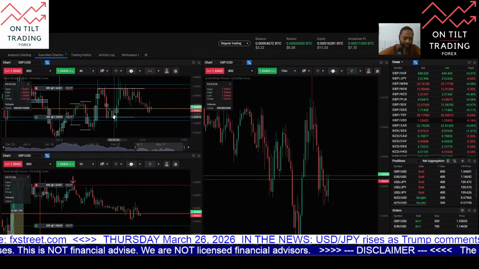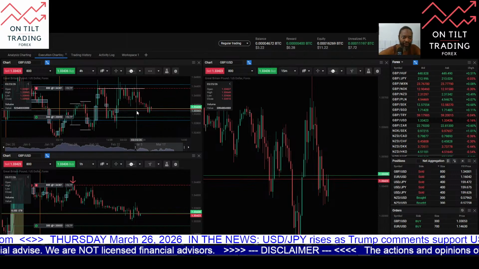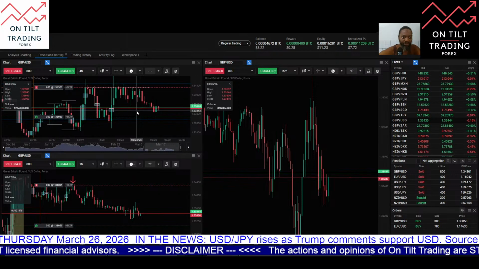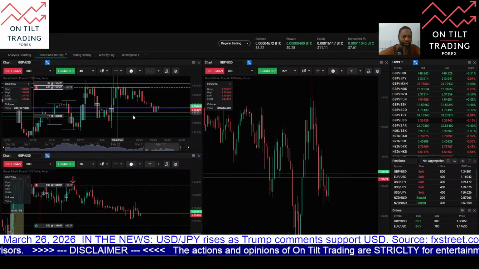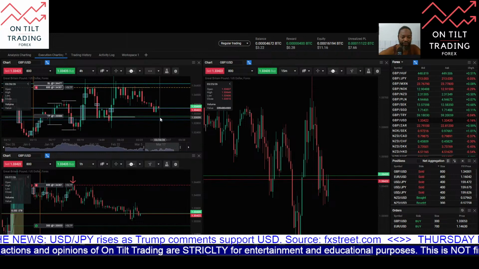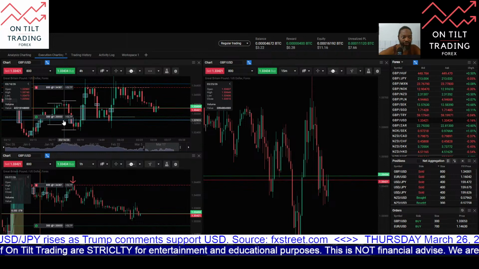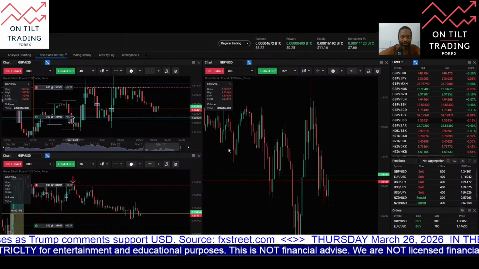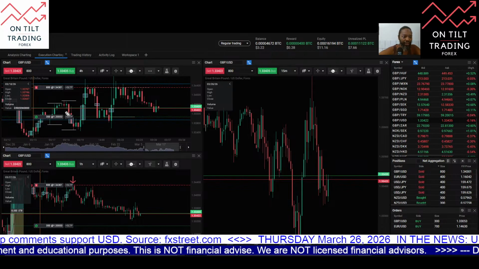So I think I'm gonna play around with this 4 hour chart here, but overall here looking to take profit here at the 133.086 level here, which is just before my scheduled long entry, which is right here.